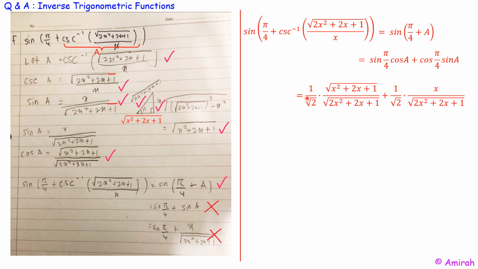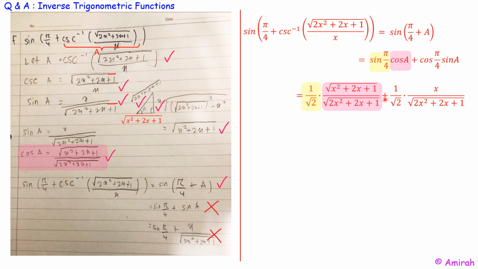Right? Right. Now we check one by one. Right? We have sin pi over 4 equals to 1 over sec 2. Okay. Cos A from here equals to sec x squared plus 2x plus 1 over sec 2x squared plus 2x plus 1.